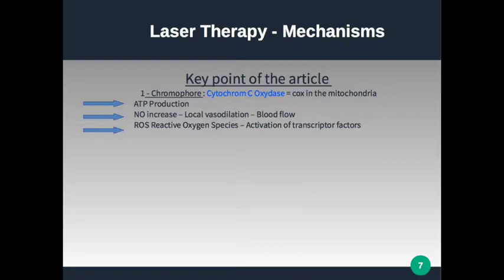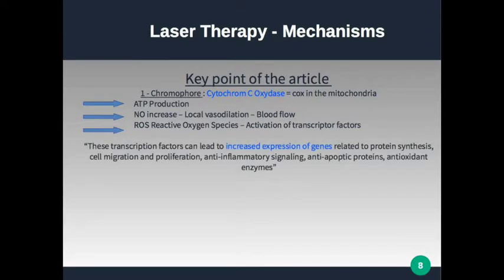The main chromophore is the cytochrome c oxidase in the mitochondria, and the photon absorption leads to increase of the ATP production, which boosts the cells, the NO or nitric oxide, which triggers local vasodilation, the ROS or reactive oxygen species that activate transcription factors.